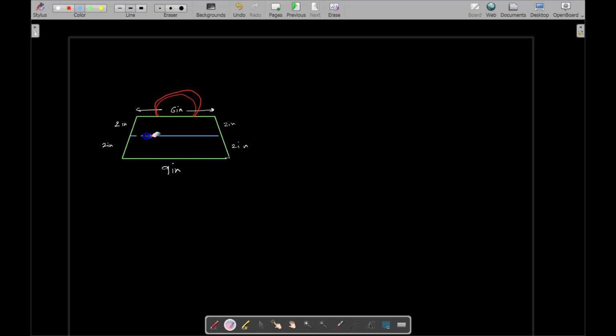So this blue line that you see is the stitching. Now we have to find out how much trim she needs for three handbags. She will be doing this stitching along the top, in the middle, and at the bottom.